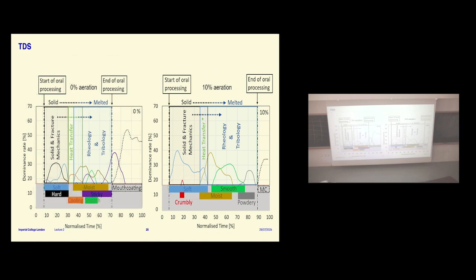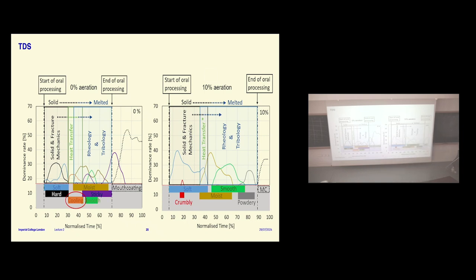Then the next one I'm going to look at is the cooling. After the soft and hard, you start seeing things like cooling: as the chocolate melts, it needs energy, so it provides a cooling sensation in your mouth. This was picked up in the 0% chocolate, but not in the 10% at all.